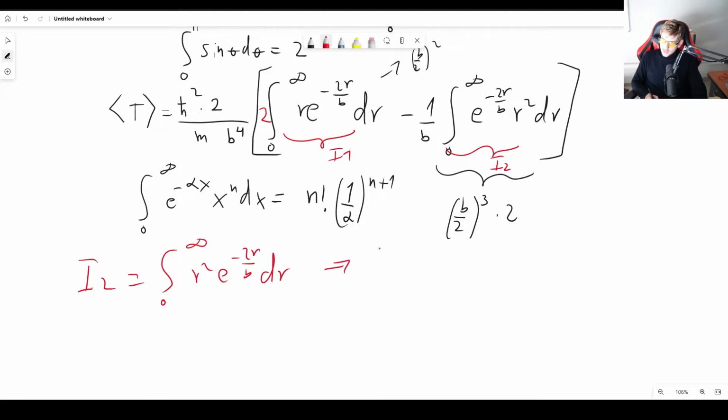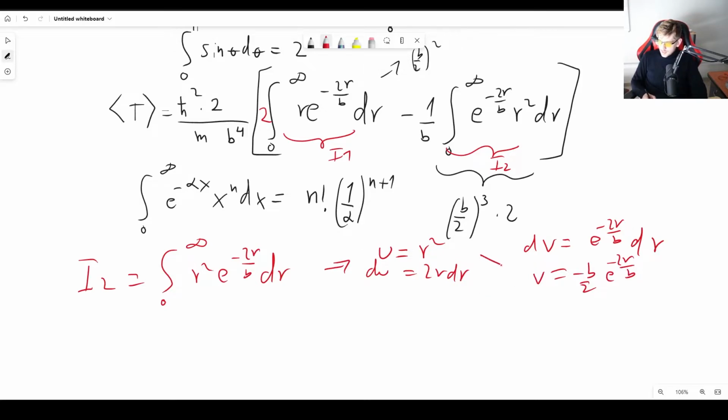So let's integrate by parts. Let's say u is r squared, du is 2r dr, and dv is e to the minus 2r over b dr. So v is going to be minus b over 2 e to the minus 2r over b. Now we multiply these two and we get minus b over 2 r squared e to the minus 2r over b between 0 and infinity.